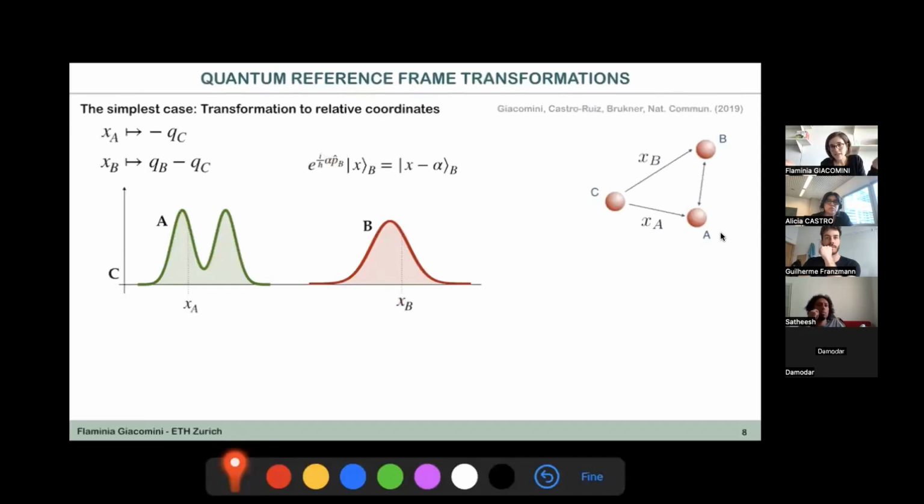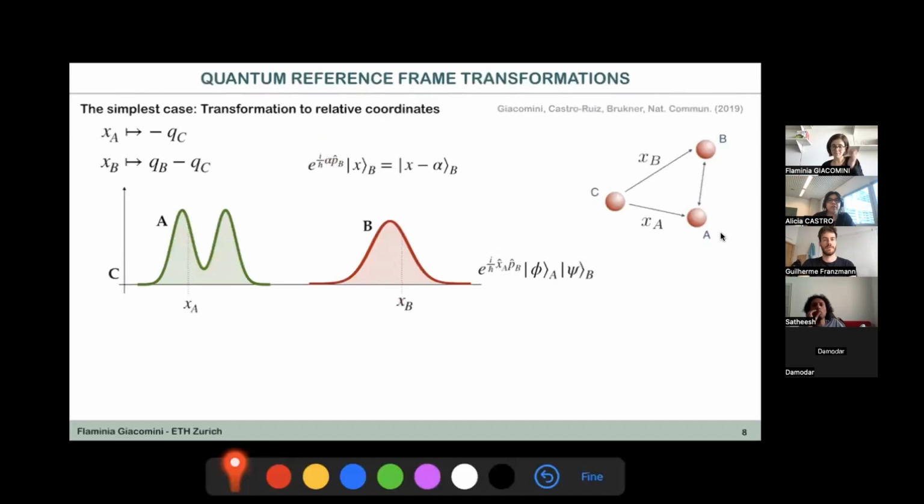But then I say, okay, then I know that it is much more likely to find A in this position than to find A in this position. So I weigh my translation by the wave function of the particle A. If I do that, what happens is that I have, instead of this operation.